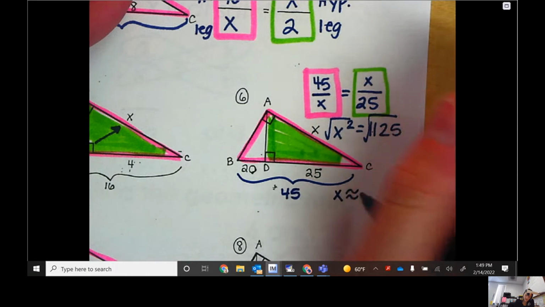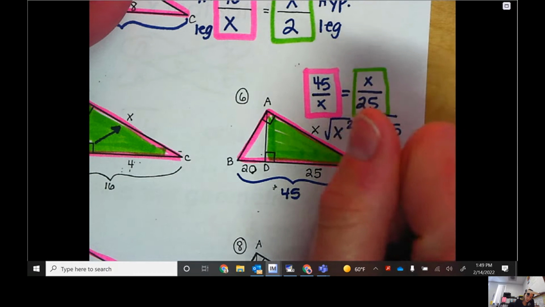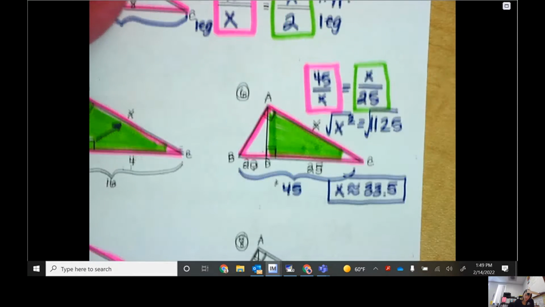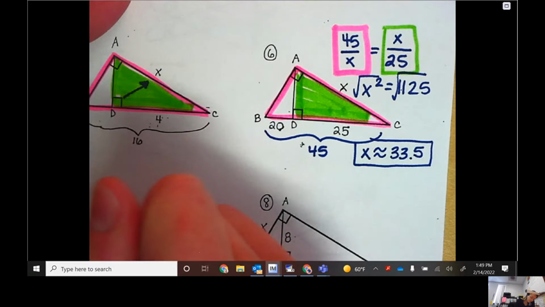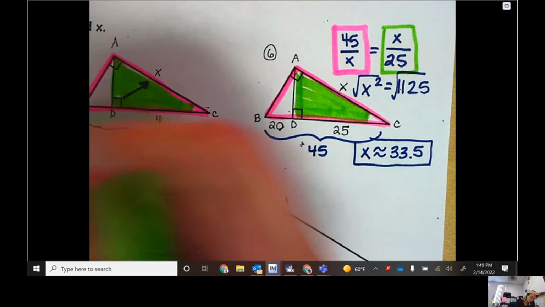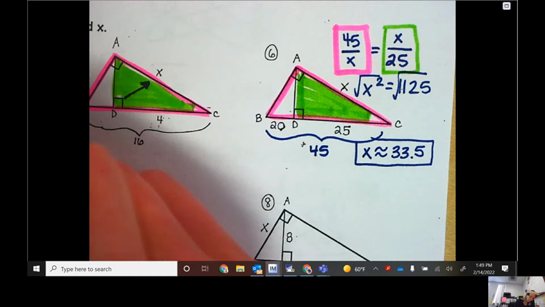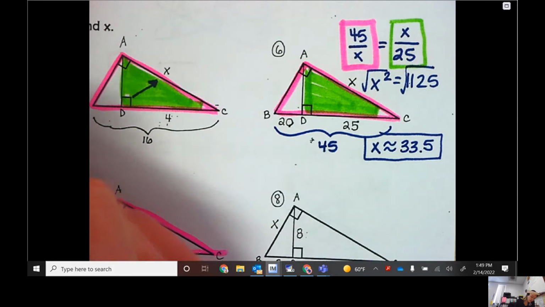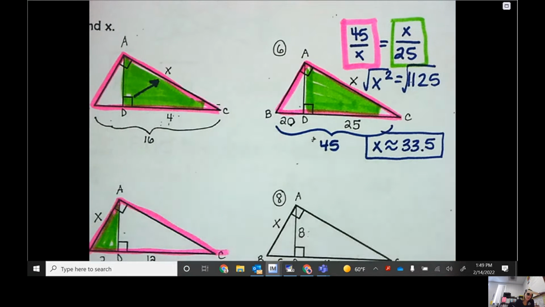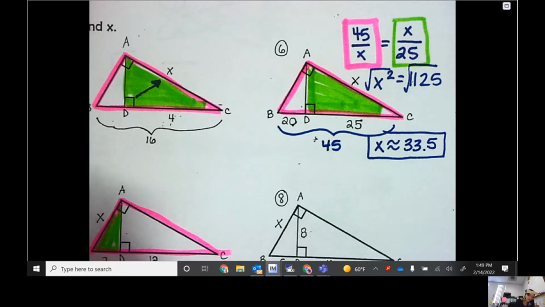Yep, 6 and 7. I mean, if you want to try the other two, you're welcome to. So how do I set up 6? Well, you take your big triangle and you take the hypotenuse of the big triangle. What's the hypotenuse of that really big triangle? 25. The whole triangle.